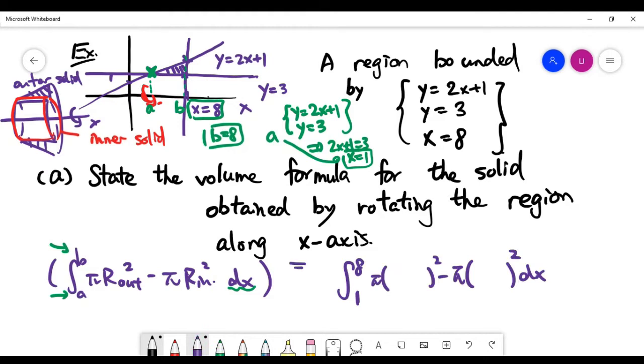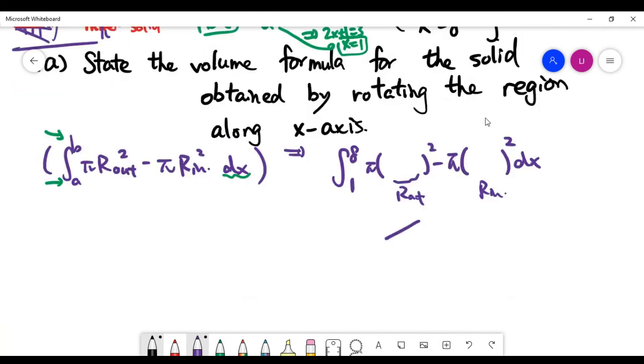Now for the formula, you're just missing the outer radius and the inner radius, and it depends on your understanding of the solid on the left-hand side. The outer solid is the solid generated by using the outer line of the whole thing. This line, by the function, is y equals 2x plus 1.